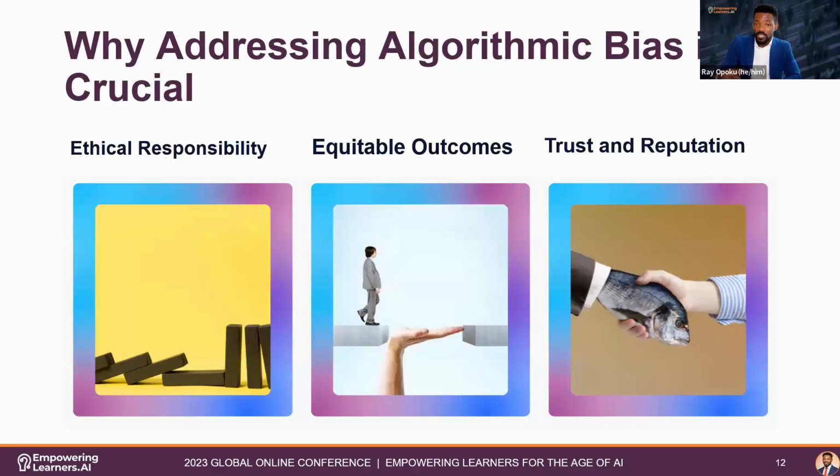Another reason it's important to start addressing these algorithmic challenges is making sure that whatever outcomes we're getting out of these systems are equitable in a way that cuts across the board. One principle we keep hearing over and over is that AI systems are going to be increasingly used in personalized learning and give each student a unique, individual learning process.